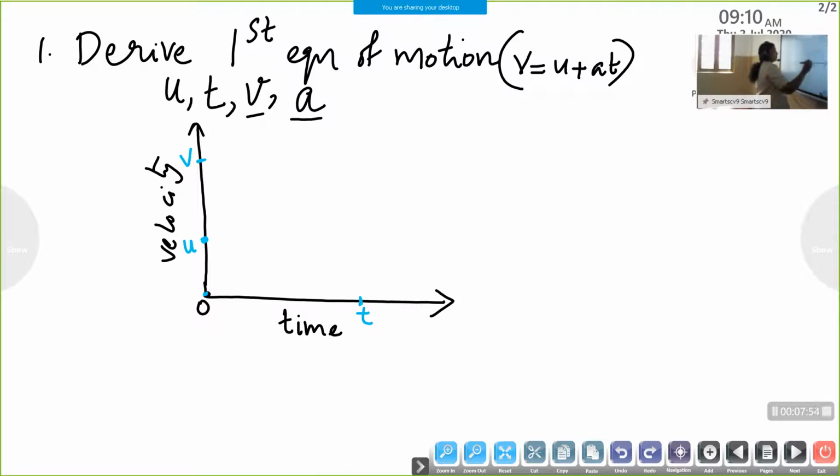If we plot the graph, this is the time interval and this is the final point. For uniform acceleration, the graph will be a straight line with a slope.